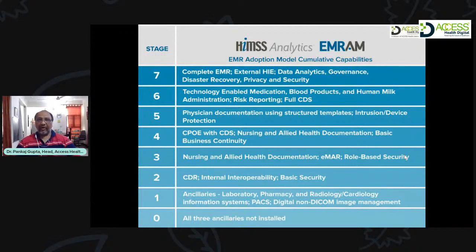There are only about 40 hospitals globally that are at stage 6 accreditation. So you can imagine stage 7 is even fewer. And one of those hospitals is in India, which is the Max Healthcare group of hospitals.